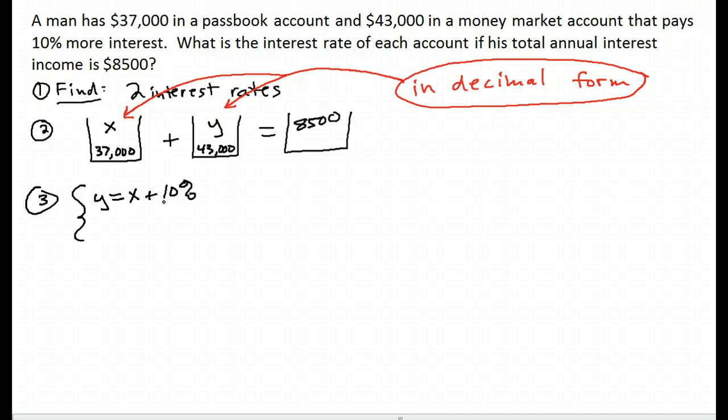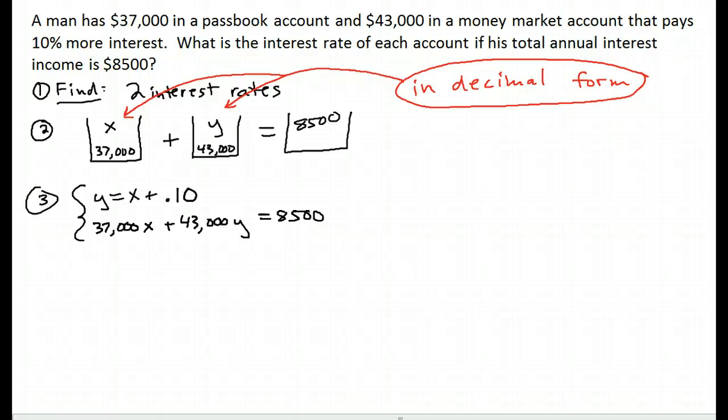I can't leave 10% with a percent sign in an equation. This 10% has got to be changed to a decimal. So that would be 0.10. Alright, and then for my second equation, I'm going to multiply my buckets. I've got 37,000 times x plus 43,000 times y equals 8,500.